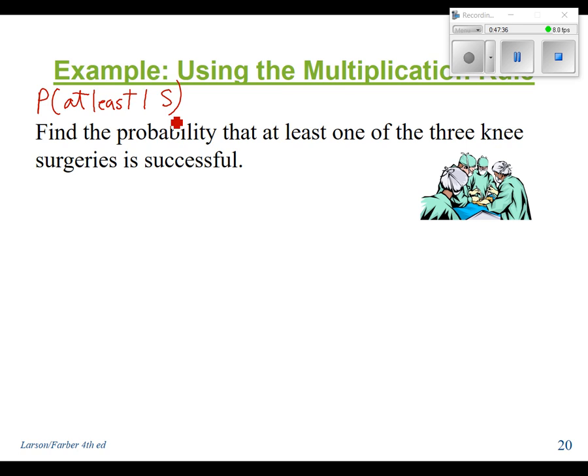So if it's at least one, what are we looking at? Probability that how many successes? One or two or all three. So we're finding the probability that one was a success, probability that two were a success, probability three, and we're putting those all together. How would we do that?